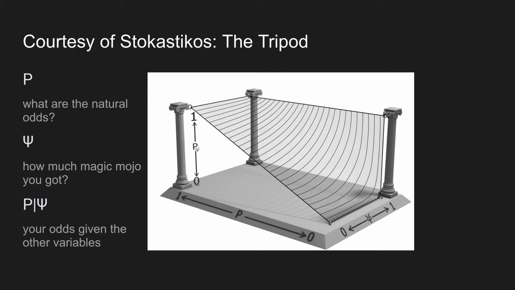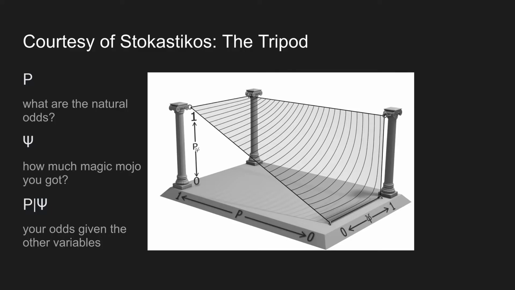Okay, so this is what this tripod looks like, basically. I pulled this directly from his article, Chaos Magic in a Nutshell. So again, P here, which is the long side on the base, where it says 1 to 0, means that if we're all the way on the far left with a probability of 1, something is certain to happen.